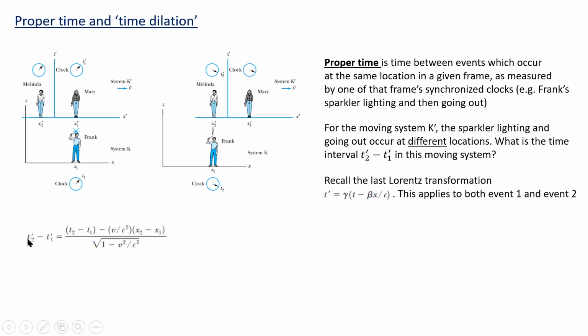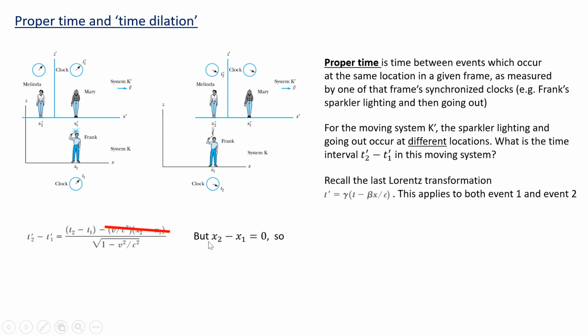And we get t2 prime, which would be gamma times (t2 minus v over c squared x2), that's the Lorentz transformation applied to event 2, minus t1 prime, which is gamma times (t1 minus v over c squared x1). So here's our expression from the Lorentz transformations for t2 prime minus t1 prime.